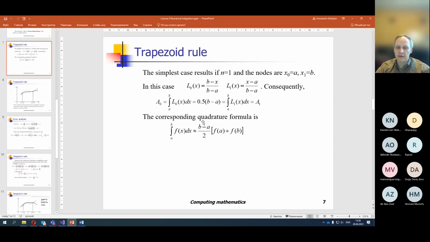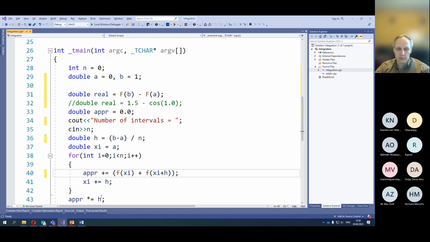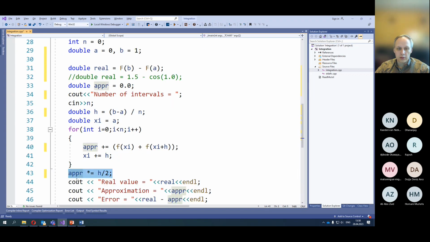And as far as the term h over 2, b minus a over 2, is included in every term, we can move it outside the sum and multiply the resultant value of approximation by h over 2 after the sum, after this loop.